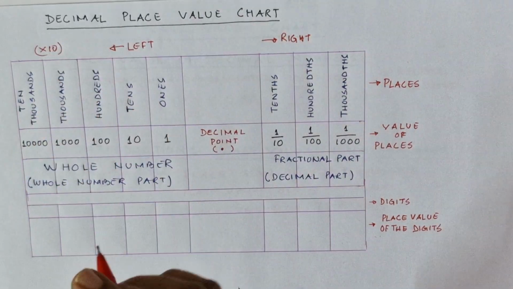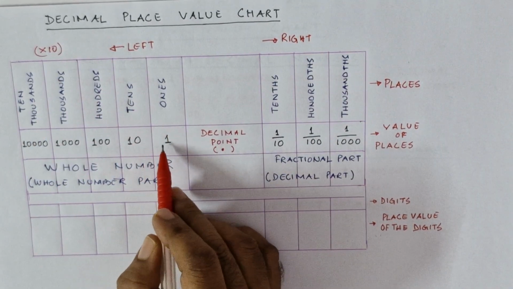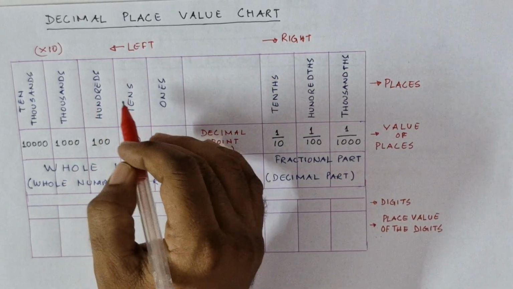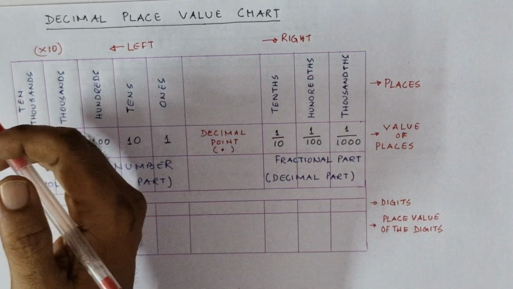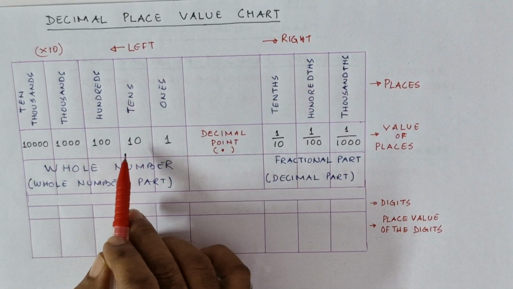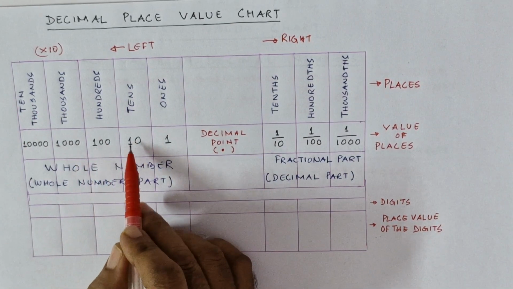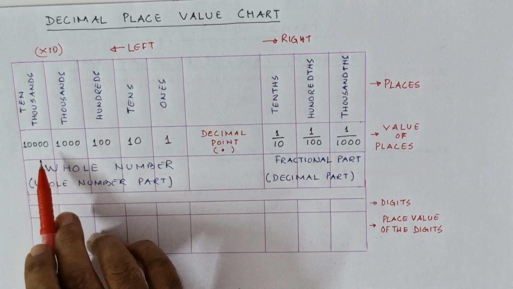So this is 10 times. If I move from ones to tens, I am multiplying by 10. If I move from tens to 100, multiplying by 10. So once I move towards the left, I am multiplying by 10. So 10 multiplied by 10 is 100, 100 multiplied by 10 is 1000, and so on.